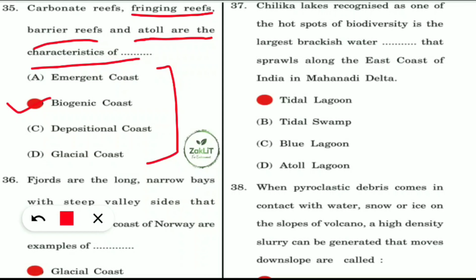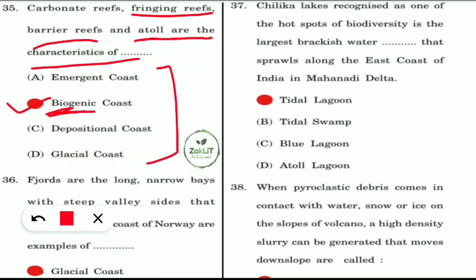Biogenic means bio, life or living, and genic means genesis, formation or origin. When living organisms give rise to or make the hard material for the formation of reefs, it is called a biogenic coast. That coast will be called the biogenic coast, giving rise to different types of reef.